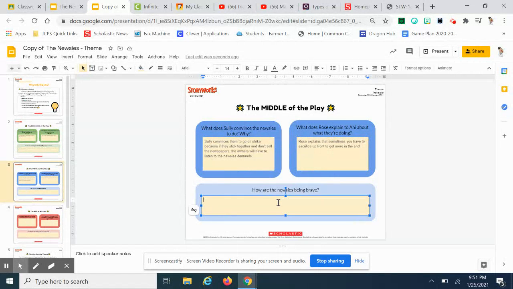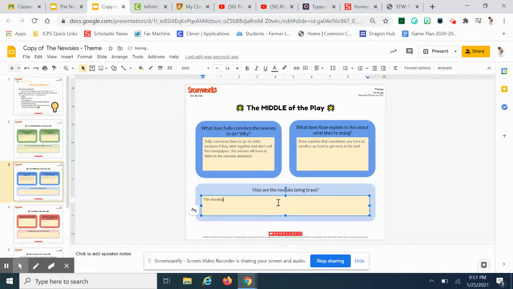All right. How are the Newsies being brave? Well, they're being brave because they're taking a risk. They're risking that if they go on strike, they're not going to get paid. And maybe nothing will happen. Maybe the owners won't listen to them in the end. So they're willing to give up earning the money for a little while and hopeful if they stick together the strike will end in their favor. Okay, so we're going to restate the question.